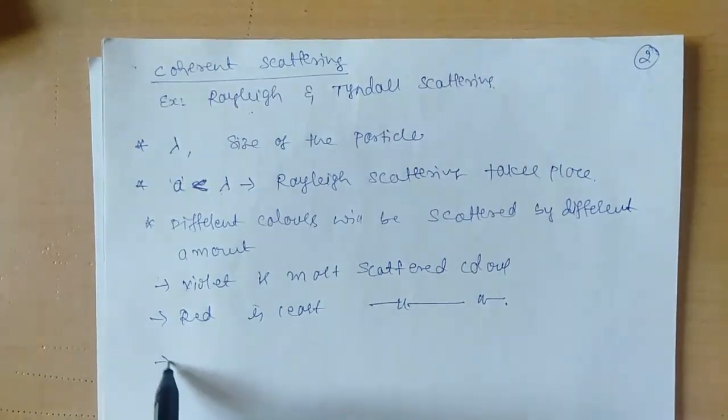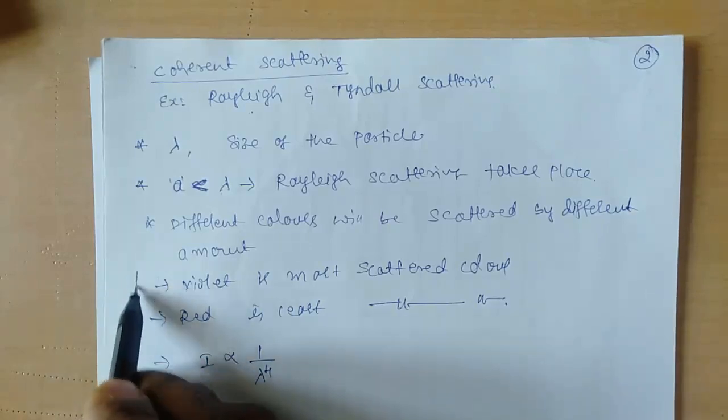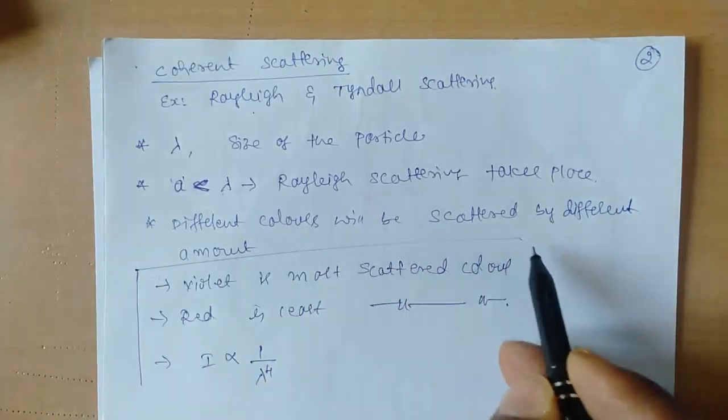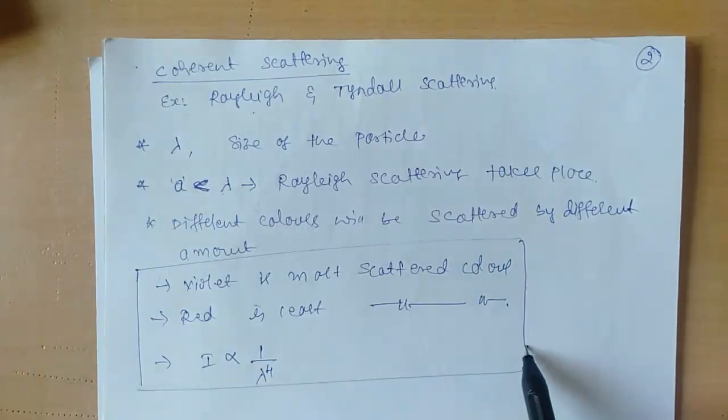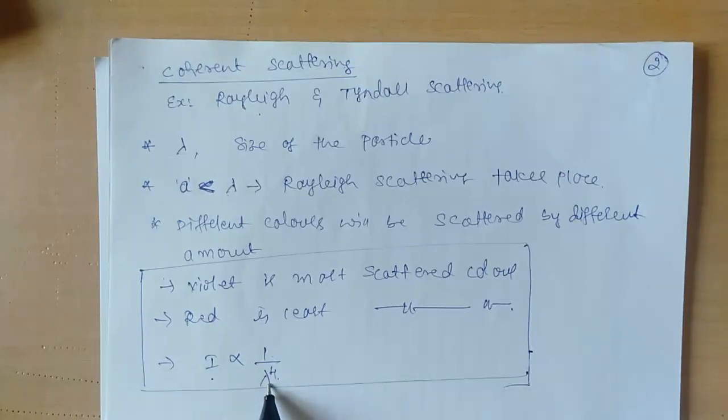And in case of Rayleigh scattering, the intensity of the scattered light is always inversely proportional to the fourth power of the wavelength of the light used. Remember, these points are very important. Different colors or different wavelengths will be scattered by different amounts. Since red has a greater wavelength, greater wavelength means less intensity, that is, it is scattered less.